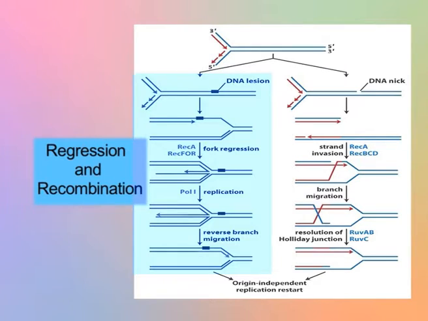It includes number 1, regression, and number 2, the recombination process. Regression is a type of recombination. When a lesion is found, that will be bypassed by the regression model. But when a gap is made in the single stranded DNA of the double helix, then recombination will come.